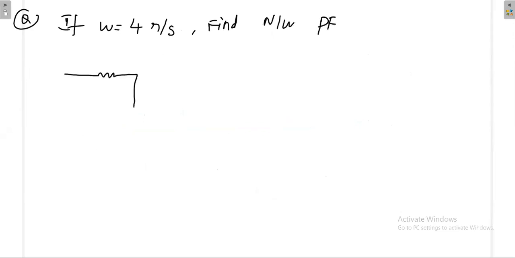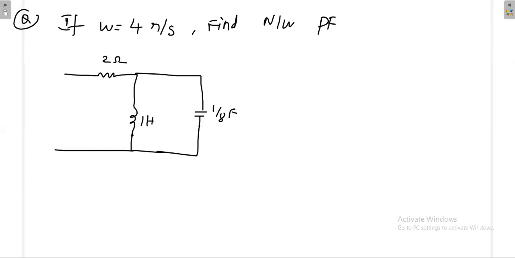If omega is equal to 4 radian per second, find the network power factor. Say for example, they have given the network like this. This is 2 ohm, this is 1 Henry, this is 1 by 8 Farad. This is a network.